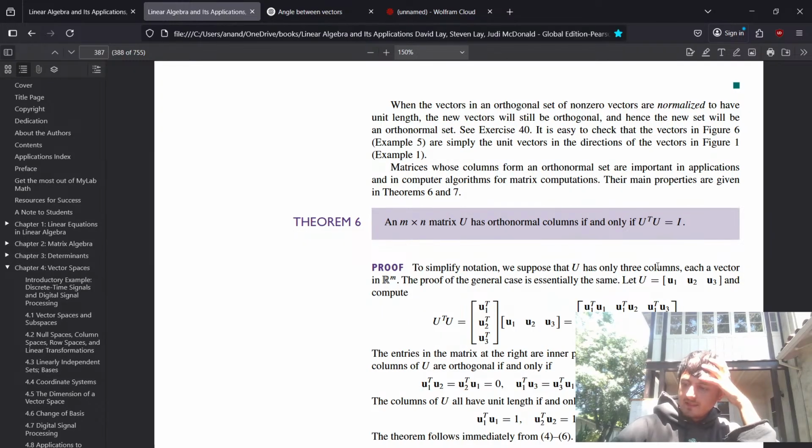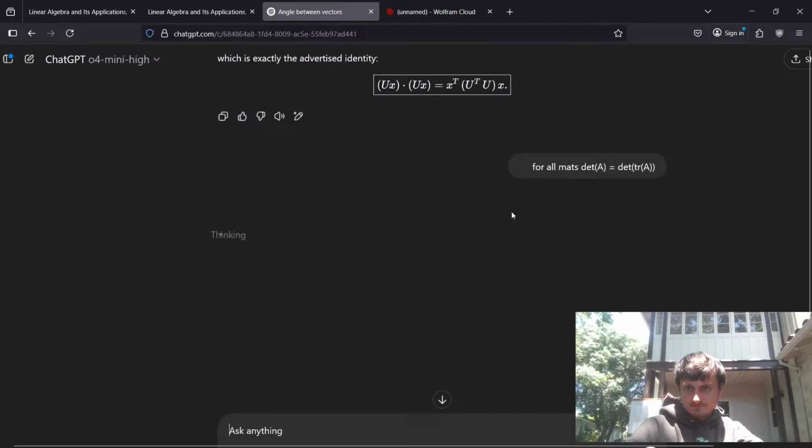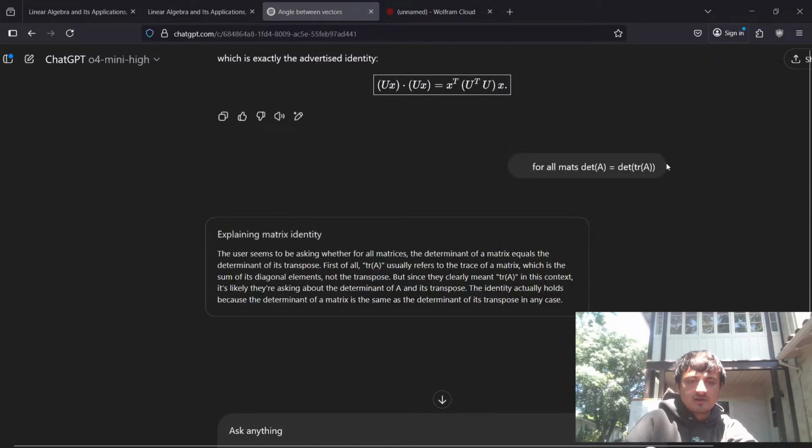Since it's true for all matrices, right? For all matrices, det A equals det A transpose. TR could be trace, but hopefully in context it knows that I mean transpose.